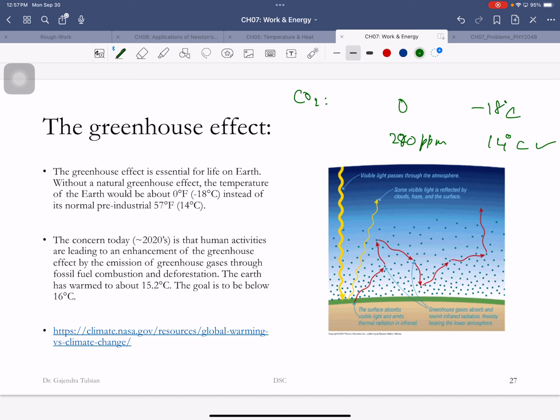We like that. What we don't like is 16 degrees Celsius. That's bad. Okay. And the CO2 levels are increasing. So the current temperature is about 15.3 degrees Celsius. The goal is to be below 16 degrees Celsius. Well, for a while there we were saying 15.5, but that's not likely to happen.